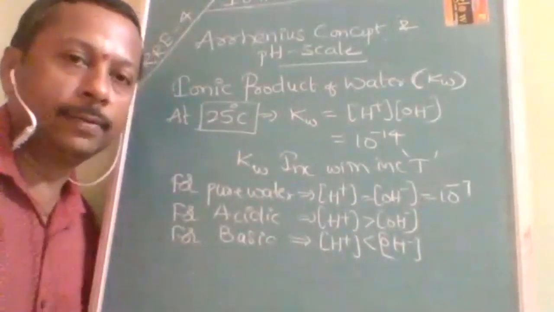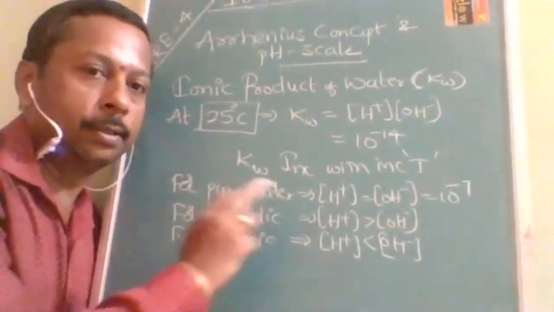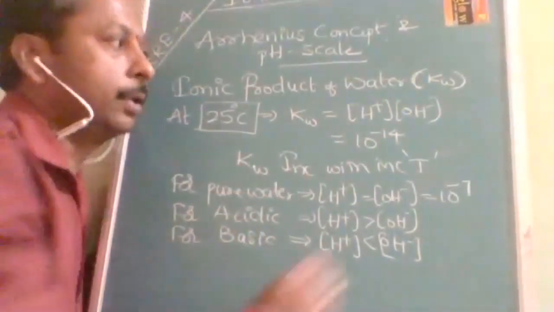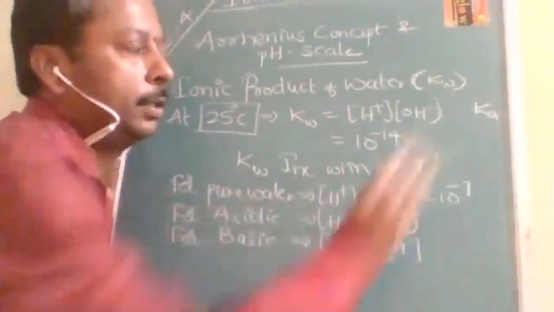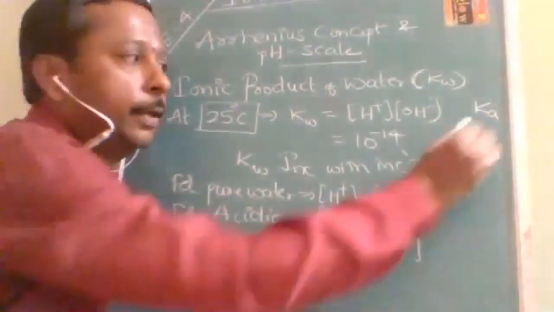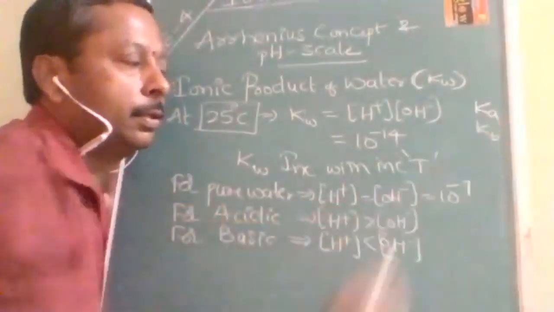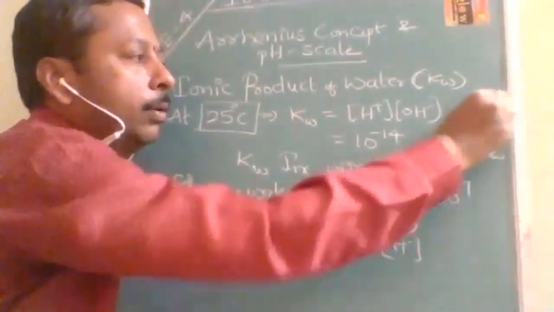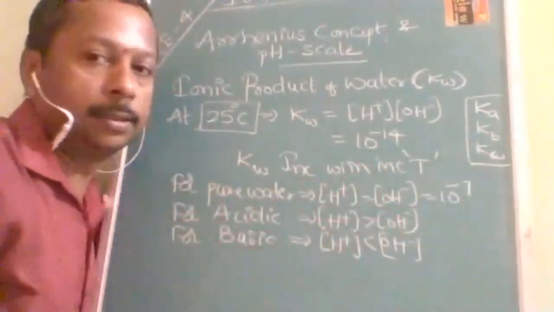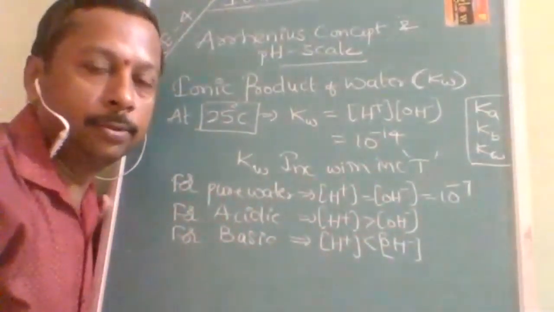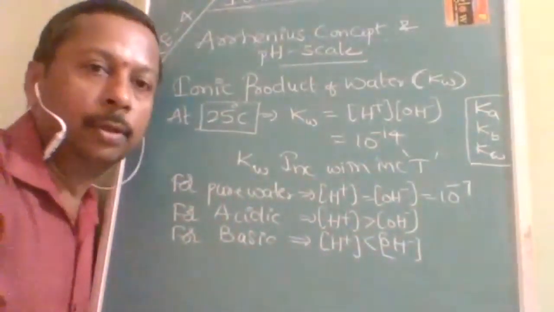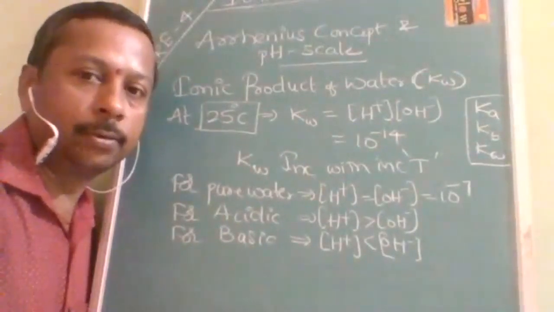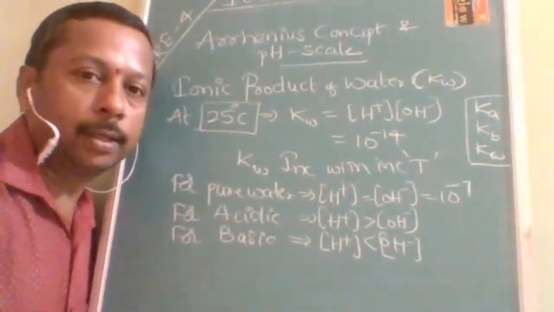As of now, we have seen the third constant. Okay, Ka is dissociation constant of acid, Kb is dissociation constant of base, and this is the Kw. Because a lot of formulas are about to come, in between also we should be able to revise it thoroughly. Okay, so ionic product of water.